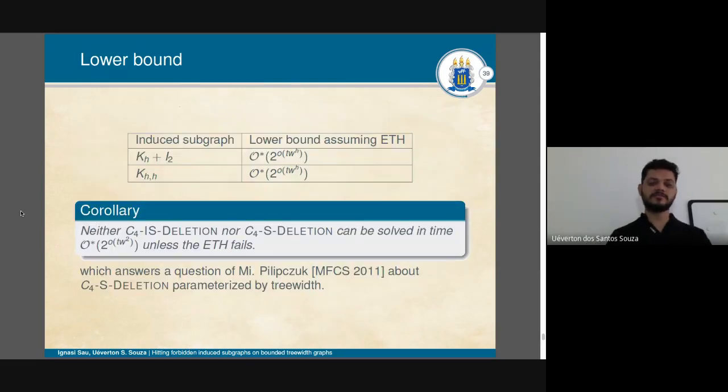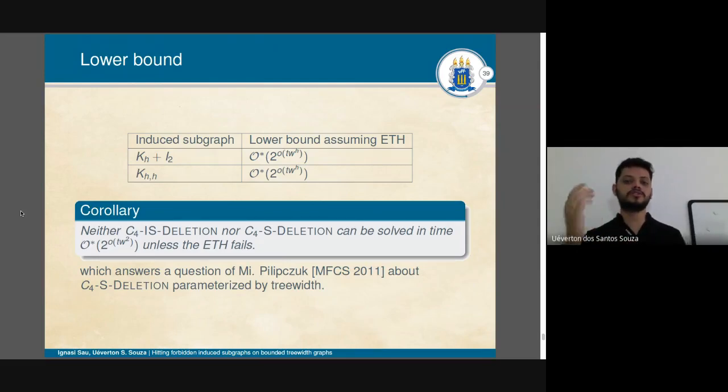We also extended this framework of reduction to other kinds of problems. For example, K_H plus an independent set of size 2 cannot be solved better than 2 to the treewidth to h minus 2. And taking K_{h,h}, the complete bipartite graph, we cannot solve hitting this kind of subgraphs better than 2 to the treewidth to h.